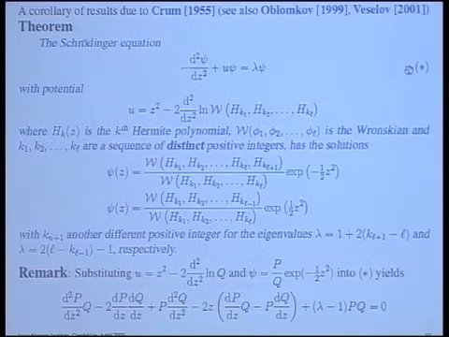And then using effectively corollary results of Crum's 1955 paper, he set this almost like an exercise. If you take the Schrödinger operator with this potential, so that's the potential that Oblomkov actually had, then the solutions come in two forms.